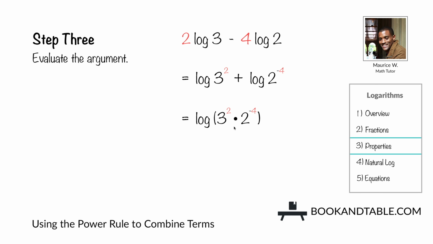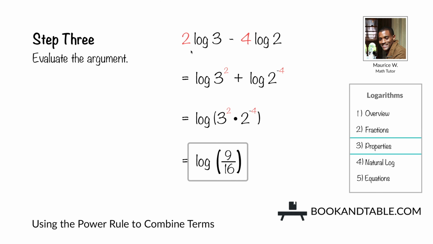And now we've successfully taken 2 logarithms and combined them to a singular one. And now we want to evaluate the argument here. So we have 2 raised to the power of negative 4. So that can be changed to 2 to a power of 4 if we move this to the denominator. And now we have 3 squared, which is 9, and 2 raised to a power of 4, which is 16.